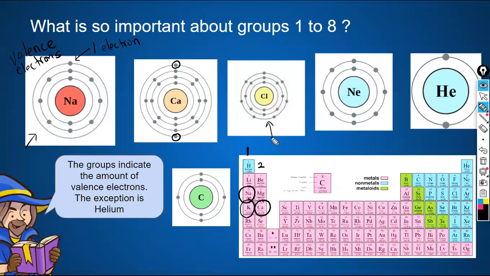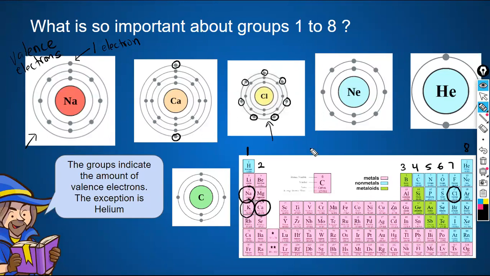Let's look at chlorine. Chlorine is in which group? This is 1, 2, 3, 4, 5, 6, 7. Chlorine is in which group? 7. Look how many outer electrons it has in its last shell. 1, 2, 3, 4, 5, 6, and 7.